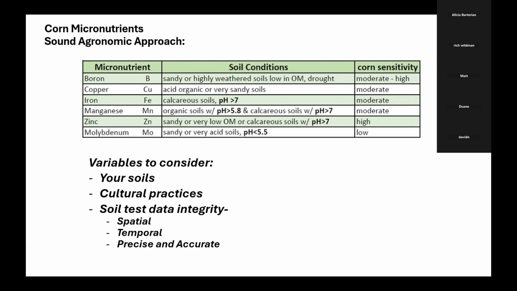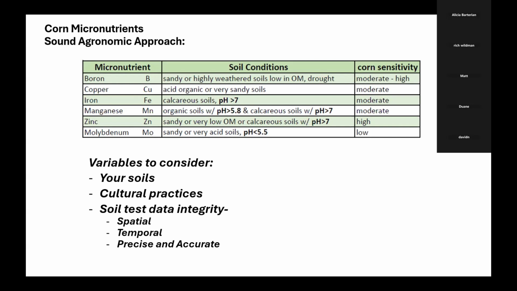When we end up with a real high pH, 7.3, you're going to have to apply. Zinc: we have real low organic matter, or real high pHs, and we do get a good response on it.